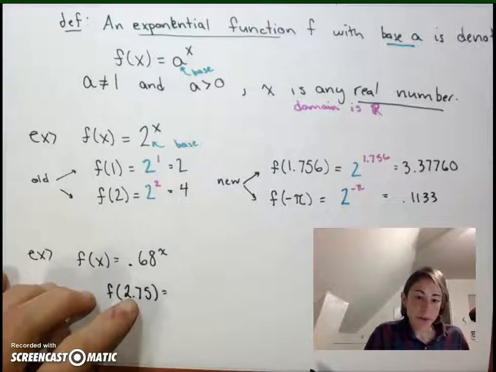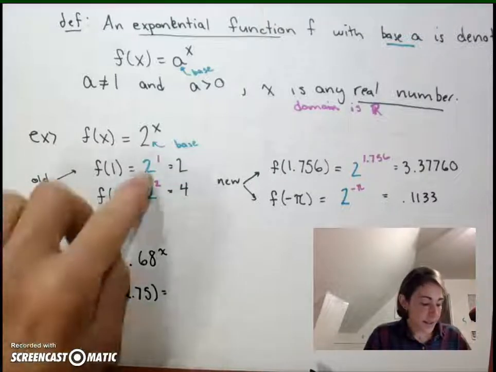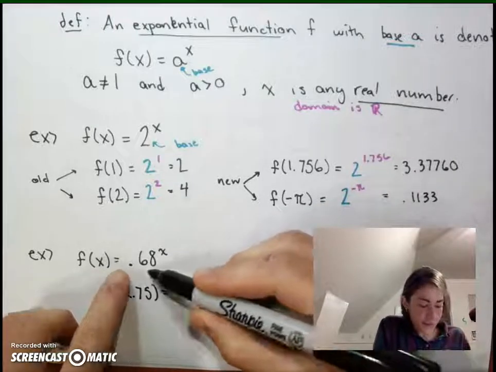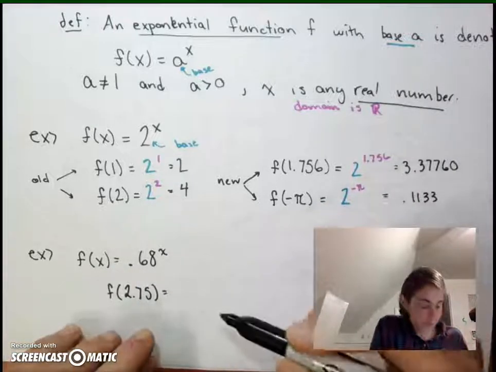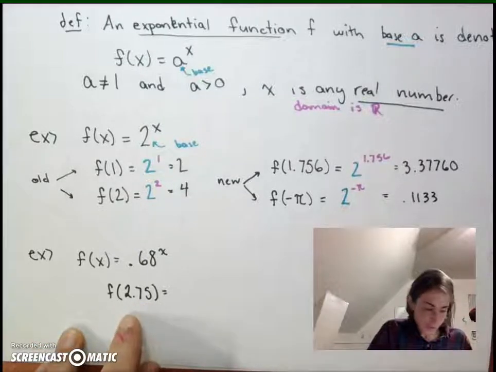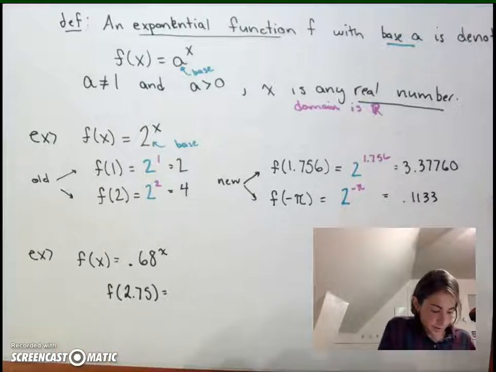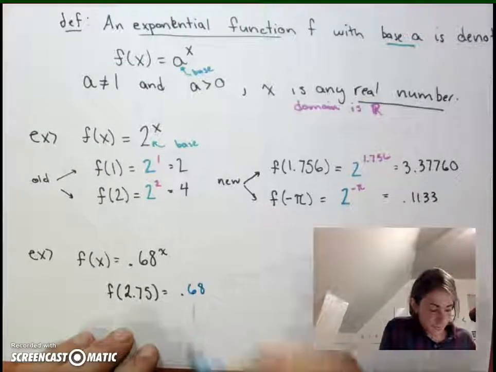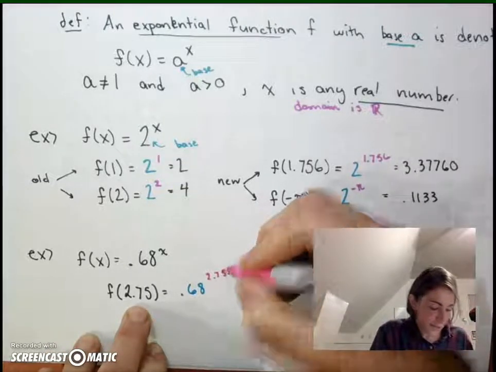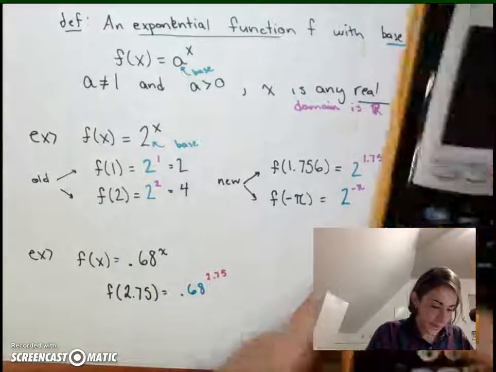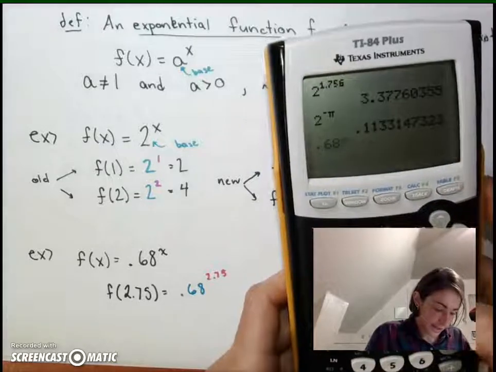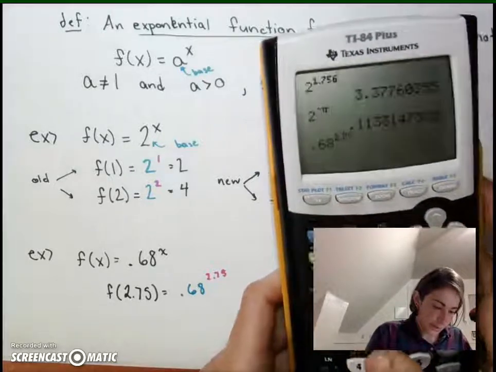These examples show that we can take even more interesting bases. Our base doesn't have to be an integer either. So if my function is f of x equals 0.68 to the x, then to evaluate f of 2.75, I just take my base, which is 0.68, and I raise it to this power, 2.75. I have no idea how to evaluate that in my head, and so I go back to my trusty calculator, 0.68 raised to the 2.75.